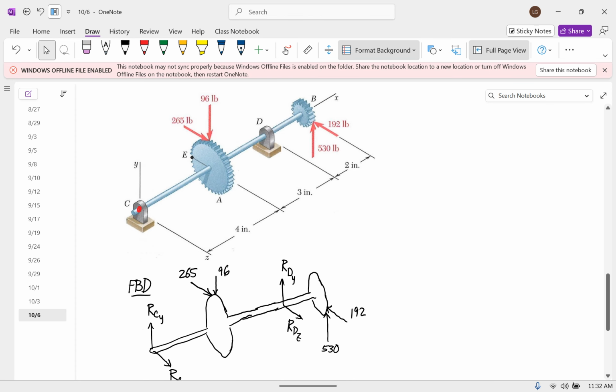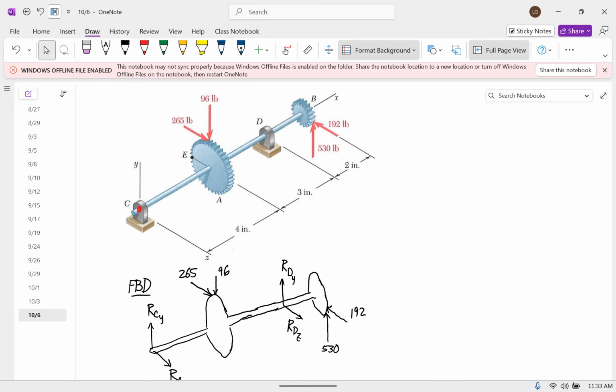But what those moments are doing is making this spin. So around that x-axis, this thing isn't in static equilibrium. But everywhere else it's still in static equilibrium. So we're just going to look at the other stuff and ignore the stuff that's not in static equilibrium. Yes? We only have 4 variables, so we only need 4 equations.